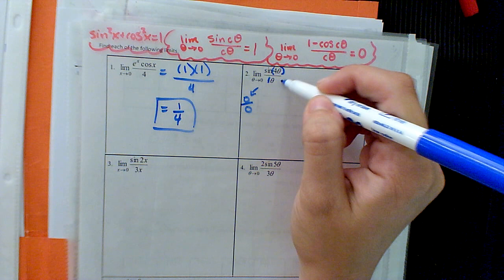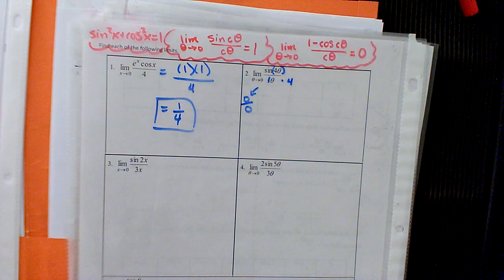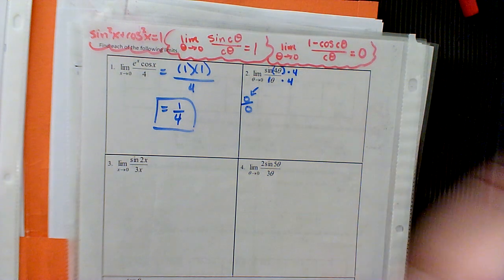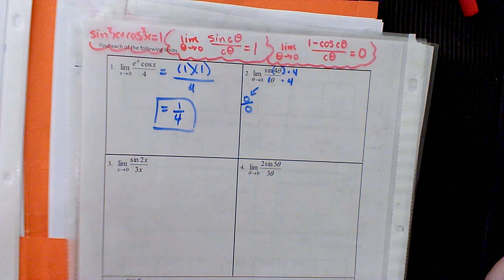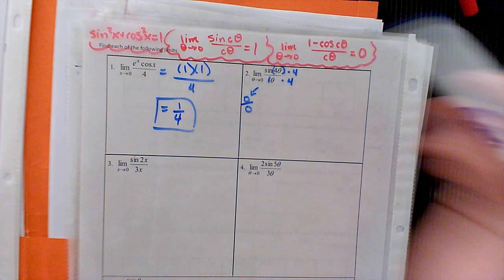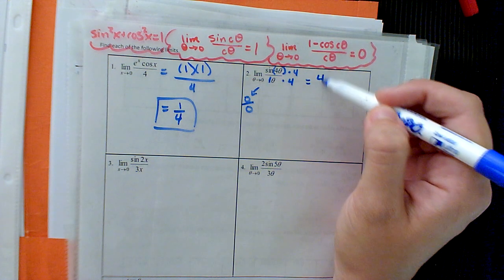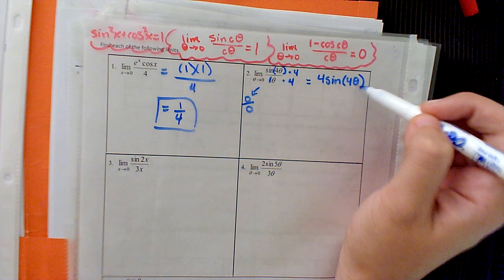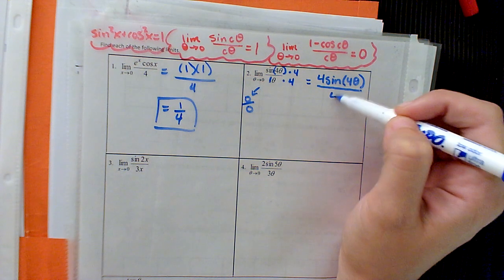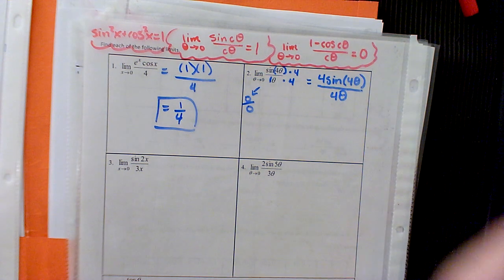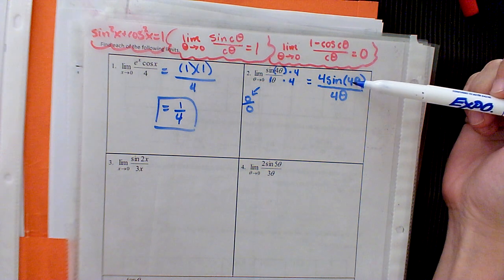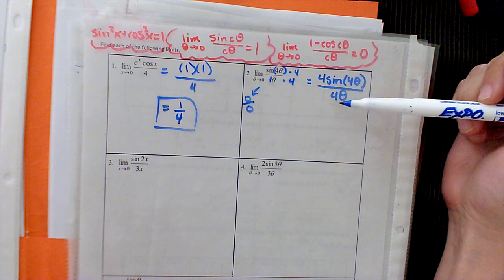Okay, so if we want to multiply the bottom by 4, because then it would change to 4 theta, it's a fraction, so wouldn't we have to multiply the top by 4? Keep it balanced. If we do that, we'll have 4 sine of 4 theta all over 4 theta. You cannot change the top 4, but you can change the bottom.